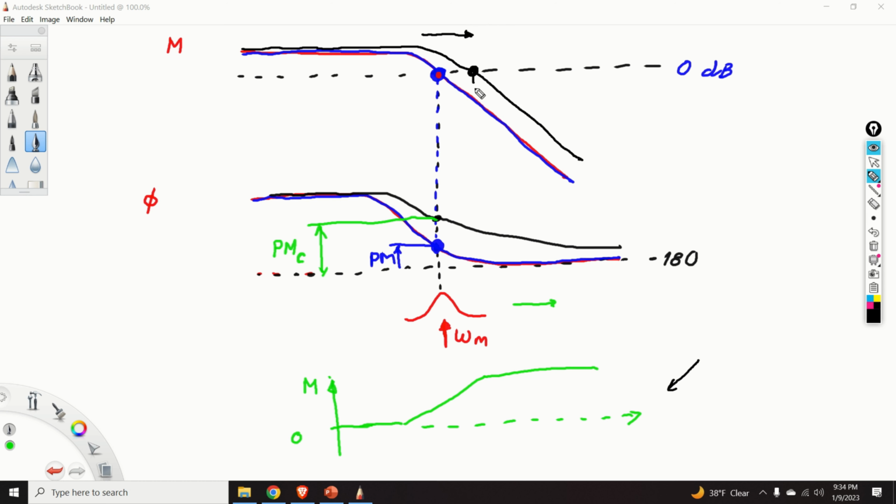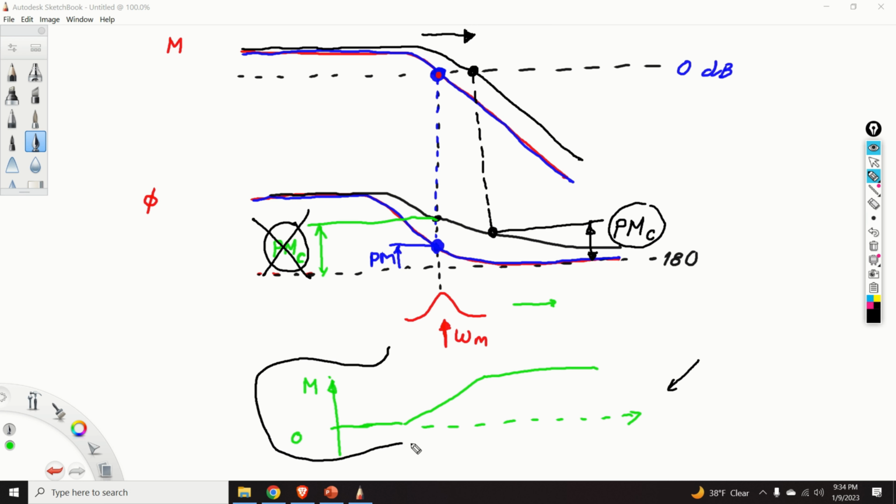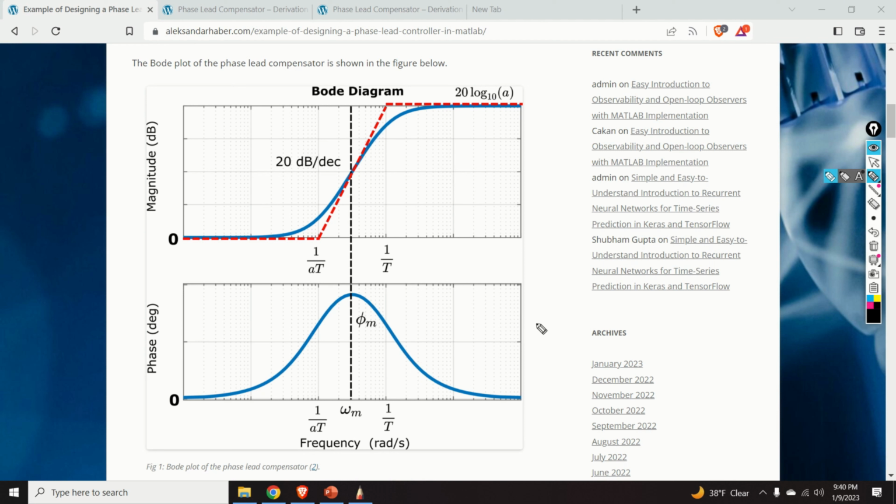This will directly imply that the phase margin of the compensated system will be actually smaller than the phase margin we initially hoped for. So this will be actually the phase margin of the compensated system and not this. This shift of the gain crossover frequency to the right is a direct consequence of the positive magnitude plot of the phase lead compensator. Okay, so let's see how to tackle this problem.